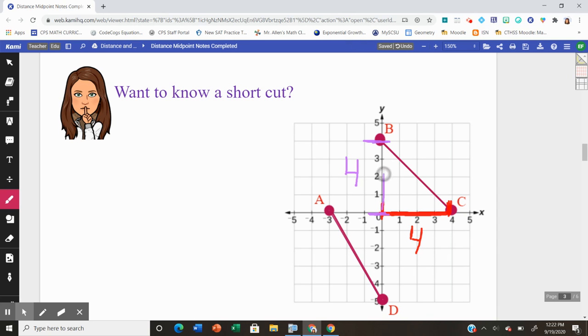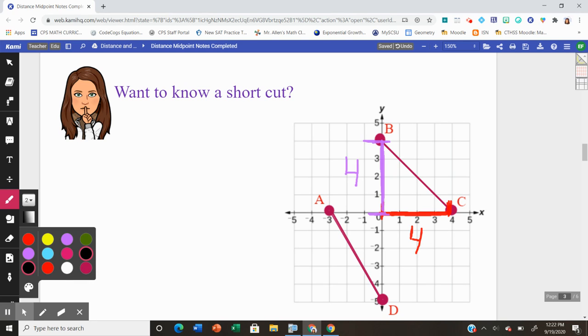So don't you remember the name of some formula? If you notice the triangle that I just formed, if you know the length of 2 sides of a right triangle, what formula helps you to figure out the length of the third side? If anybody was able to come up with the Pythagorean theorem, very, very proud of you.